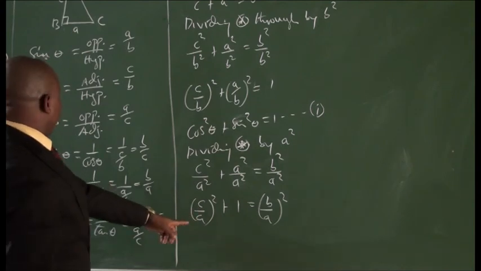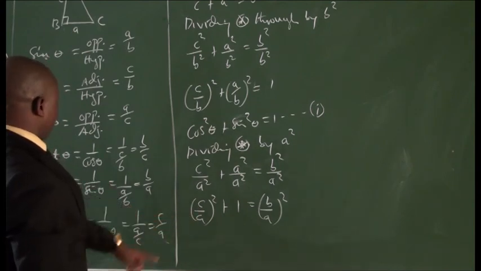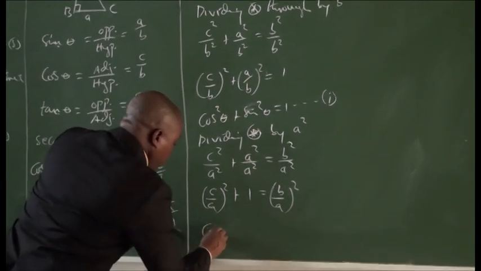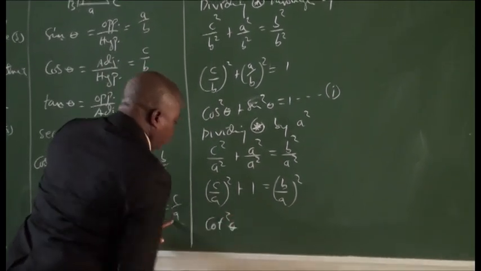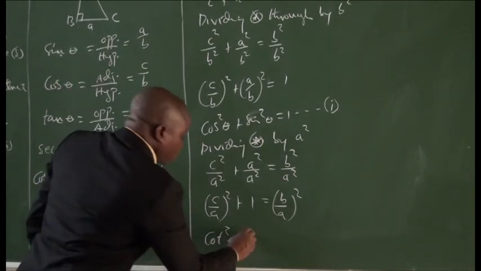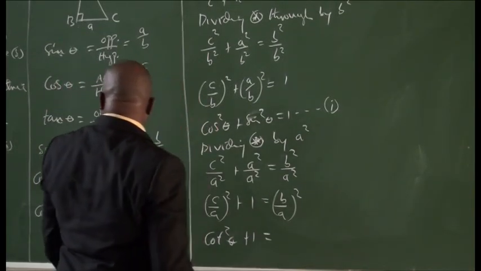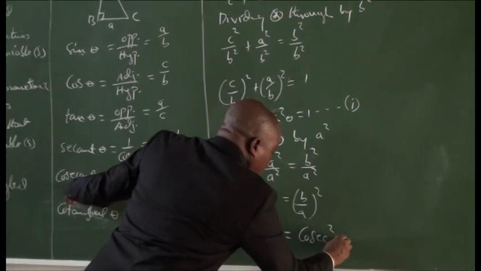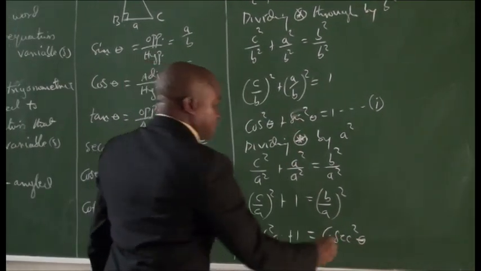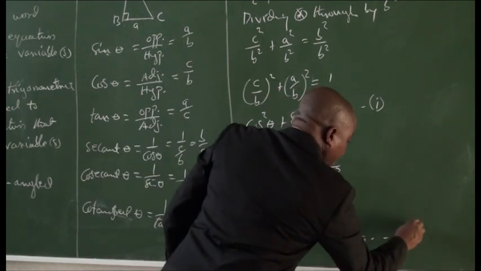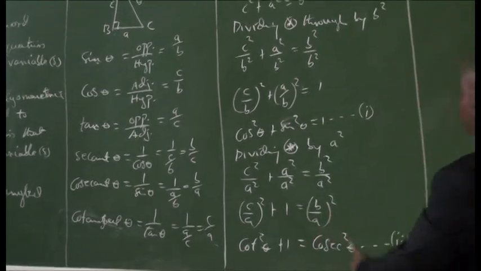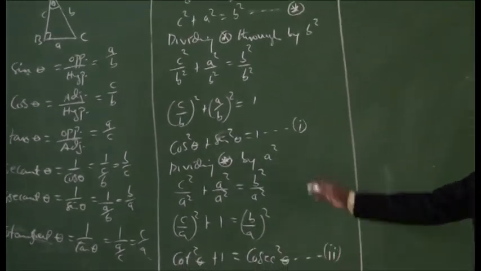And then what is C over A? Look at it here, cot. So cot square theta, or cotangent square theta, plus 1 equal B over A squared. B over A is cosec, so cosec square theta. So this is another identity. Now we have two identities here.